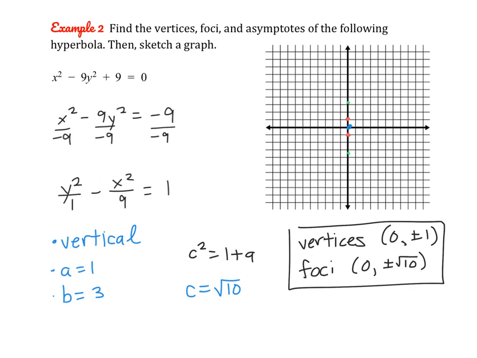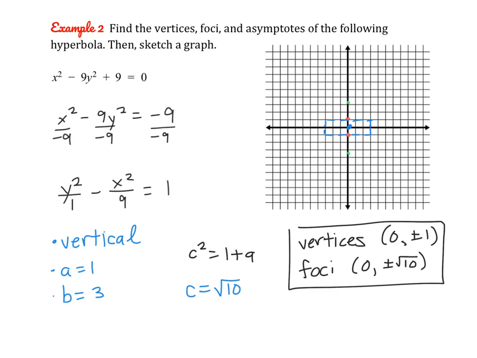So for that, we need to draw in our little rectangle so we can make our asymptotes. So we already went up 1, down 1 with our a value. And then from here, we can go to the right 3 and to the left 3. And then this we can use to guide us for our asymptotes.